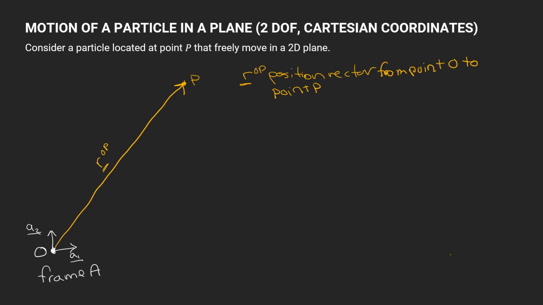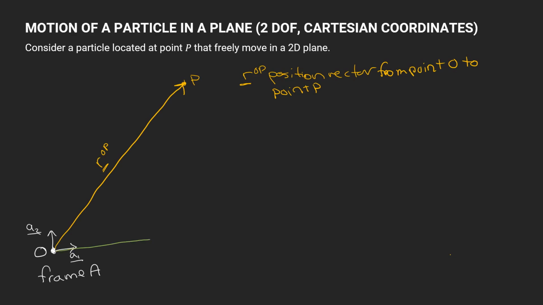So now that we've drawn this position vector and established the notation, we have to mathematically describe this position vector. Now the position vector is two-dimensional because we're working in a 2D plane. And that means we have to describe its magnitude in two directions. And the two directions that we're going to use are A1 and A2.